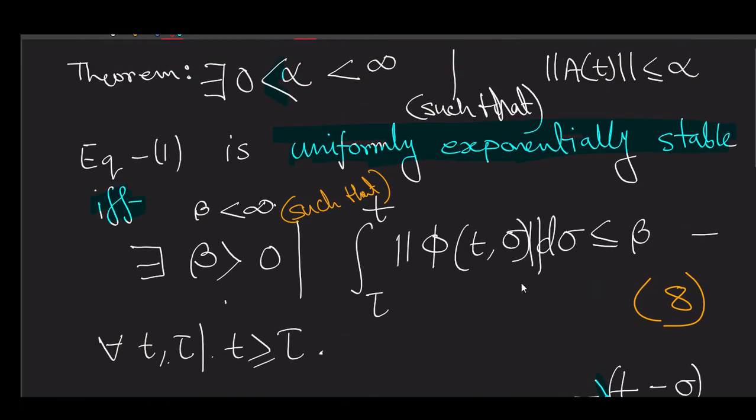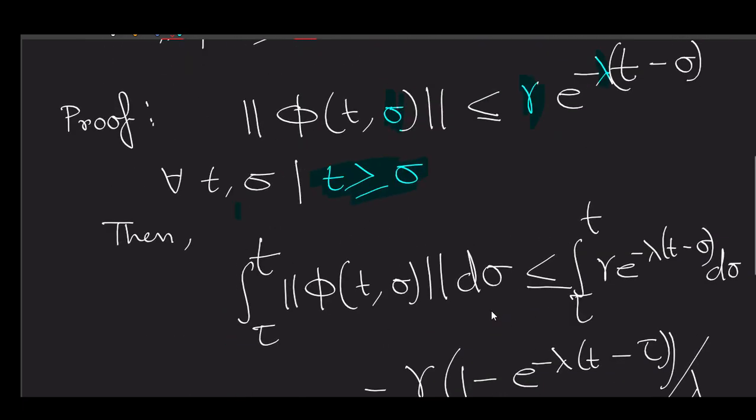It is what we needed to prove: equation 1 is uniformly exponentially stable provided that there exists a finite positive constant alpha such that the norm of A(t) is less than or equal to alpha, if and only if there exists another finite positive constant beta such that this is upper bounded by beta. So that we prove here.